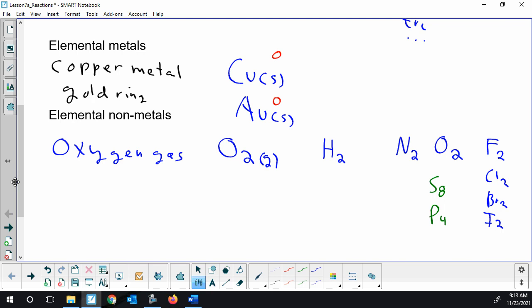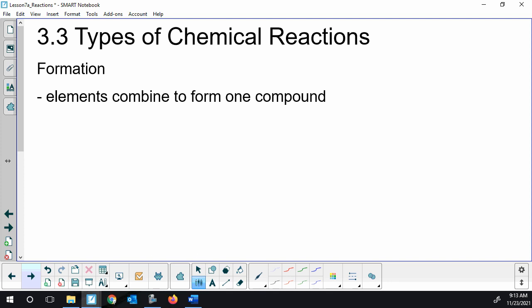So let's jump in and do those 5 reaction types that you need to know for all of your high school chemistry career. The first is called a formation reaction.